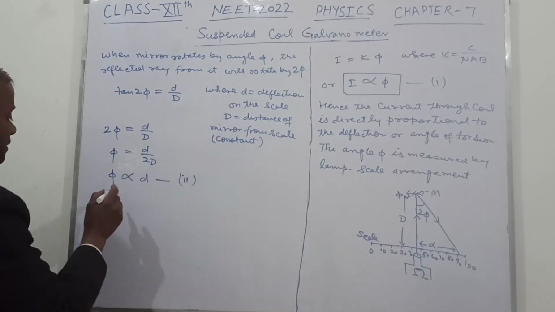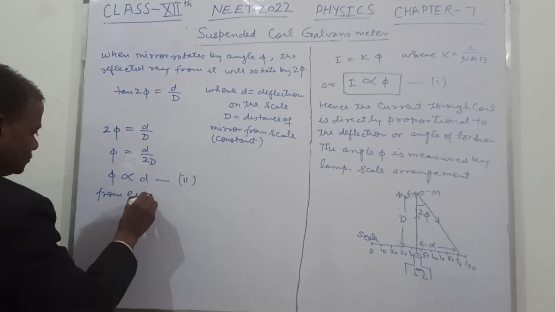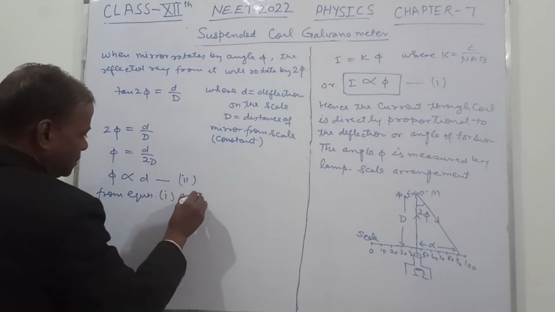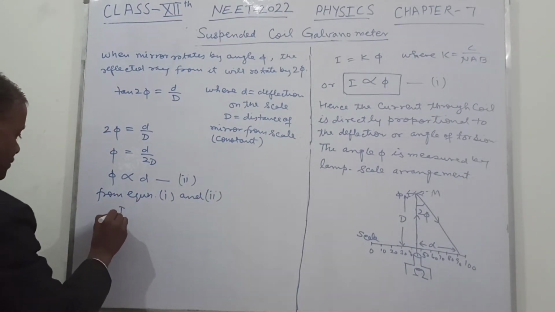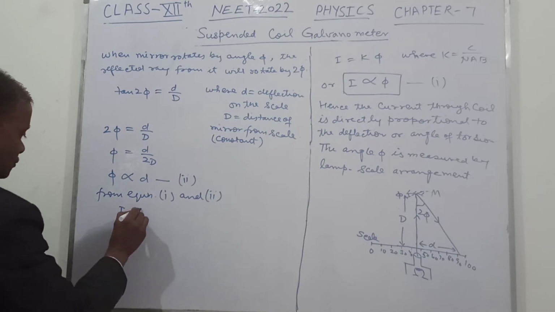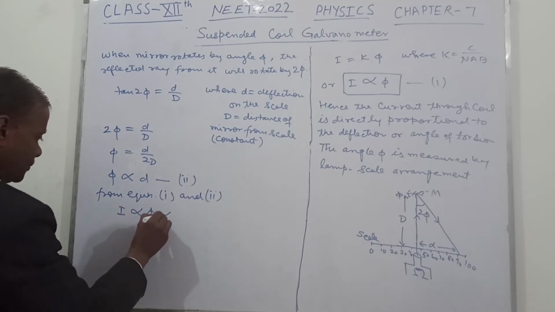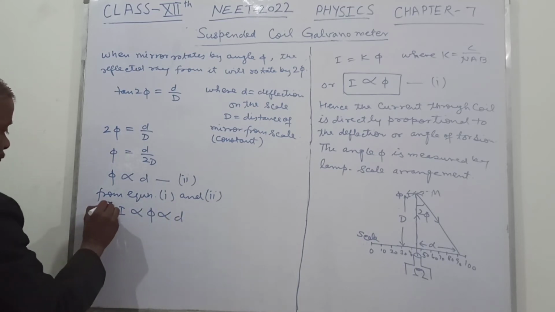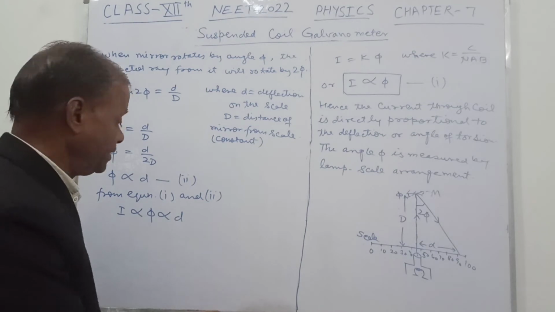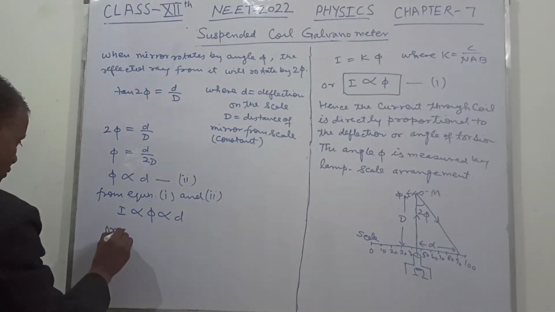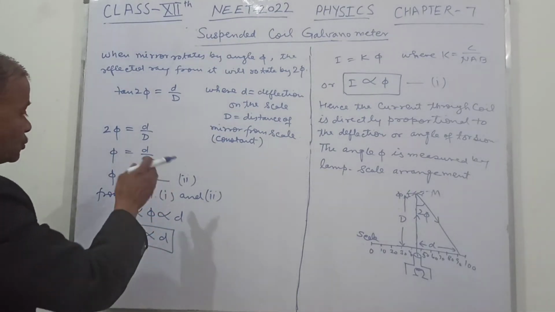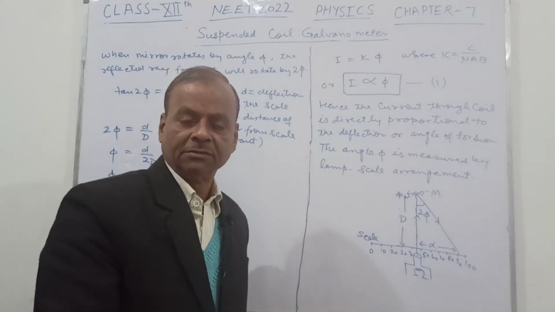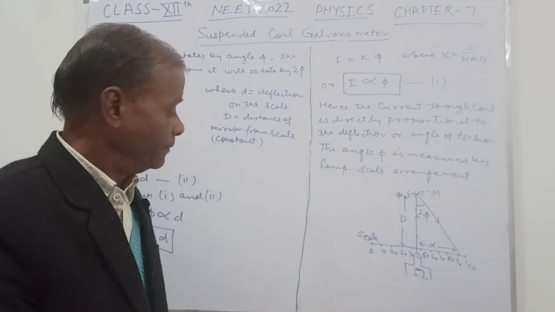From the first and second equations, I is proportional to phi, and phi is proportional to d. So I is directly proportional to d. This measurement gives the value of the current passing through the coil.